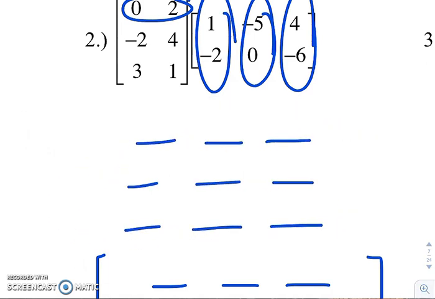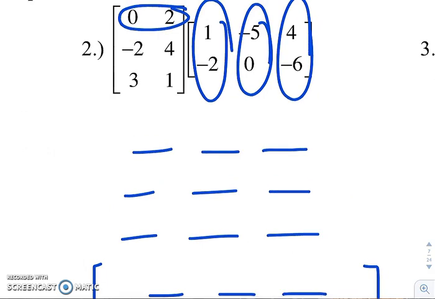So the first row times the first column will be 0 times 1, plus 2 times negative 2, so plus negative 4. Then the second column, 0 times negative 5, 2 times 0 is 0. And then the last column, 0 times 4 plus 2 times negative 6 is negative 12.